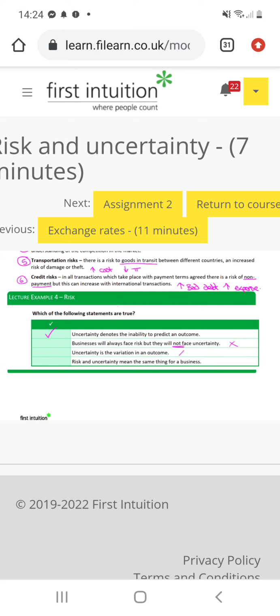This is not correct because variation in an outcome is the definition of risk, not uncertainty. And the final one here, risk and uncertainty mean the same thing. Definitely not. They're not the same thing, and you need to learn the difference between the two.